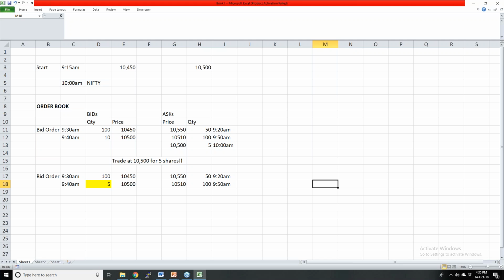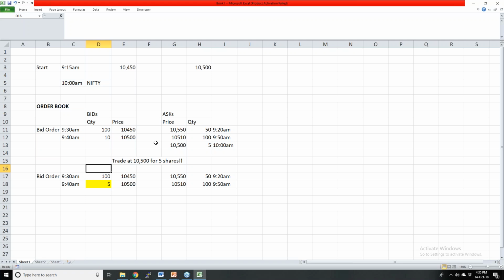Is there any question? I will talk about how trades happen and whatnot, but is the order book clear? I will talk about how a trade will happen, how the orders are matched, and if the bid is higher than the ask, at which price it is executed.